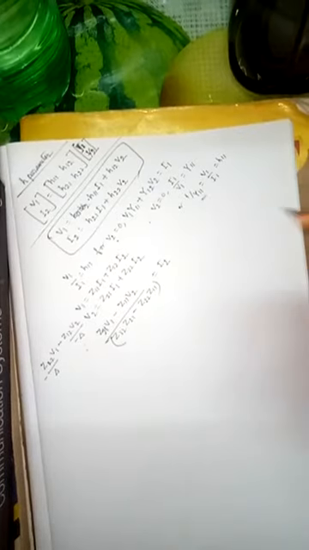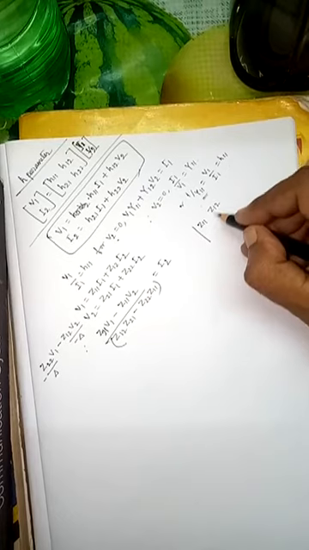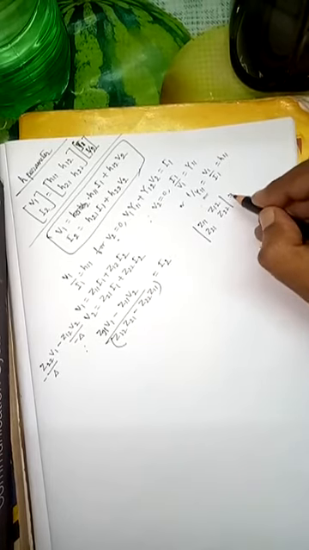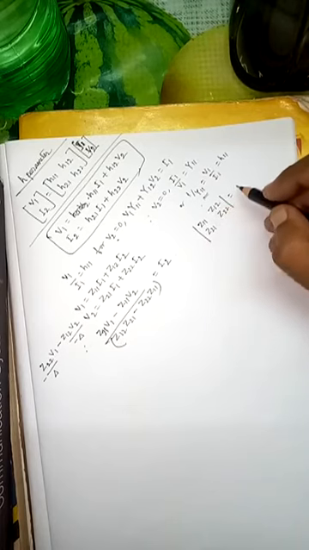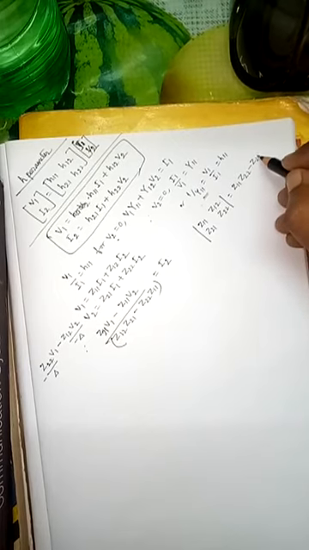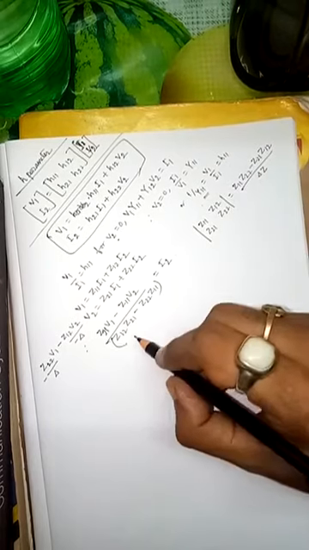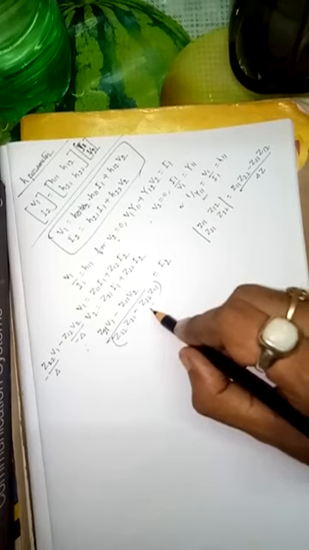Because if you are having such a matrix, Z11 Z12, Z21 Z22, what is the modulus? That is this one minus this one, Z11 Z22 minus Z21 Z12, so that is the value of delta Z. Here it is the reverse actually.